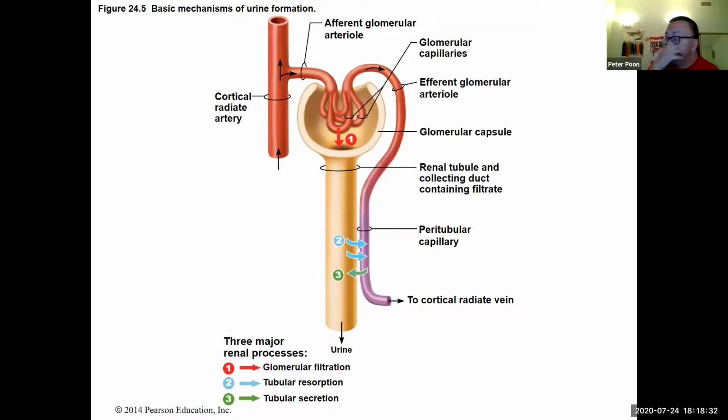If you've ever taken a urine test, you pee in a cup and it tests your pee for drug metabolites. The reason they're there is tubular secretion. We purposely dump it out of the bloodstream into there, and it ends up in our urine.